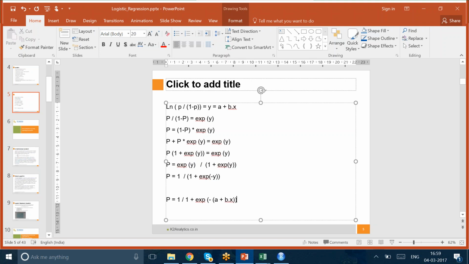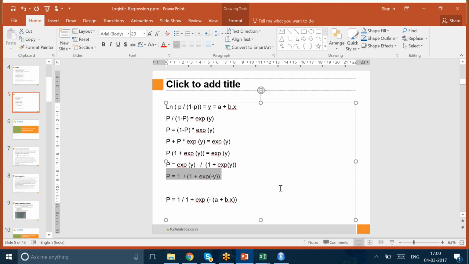Brackets are proper? Yeah. So what is happening is actually we are building a linear model only. We are building a plus bx only. But instead of saying y is equal to a plus bx and instead of taking y as probability directly, we are taking ln p upon 1 minus p, and then solving this equation and getting this value. What is the advantage of doing all of this?